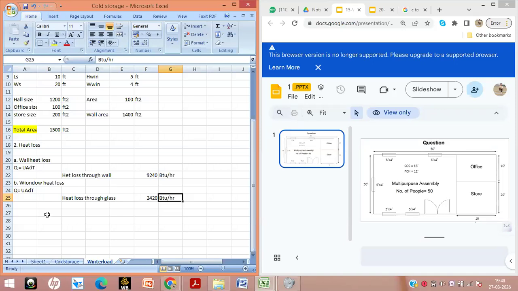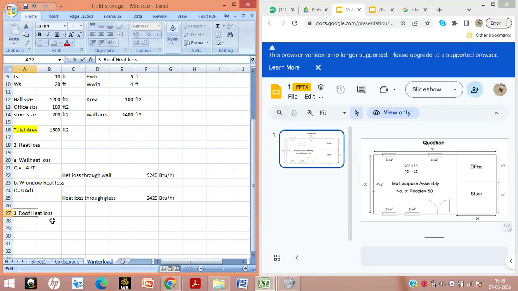Now we'll go for 3, which is heat loss through roof. We consider roof heat loss.